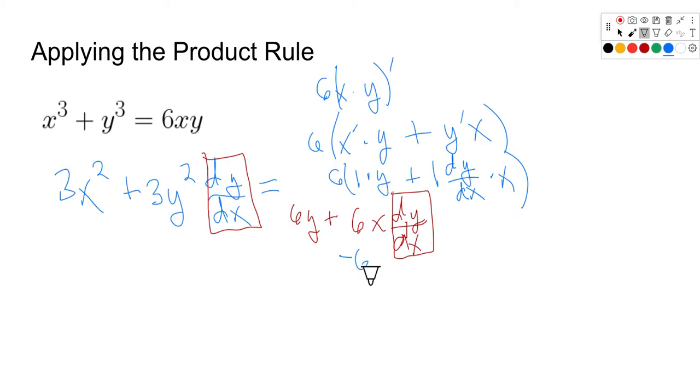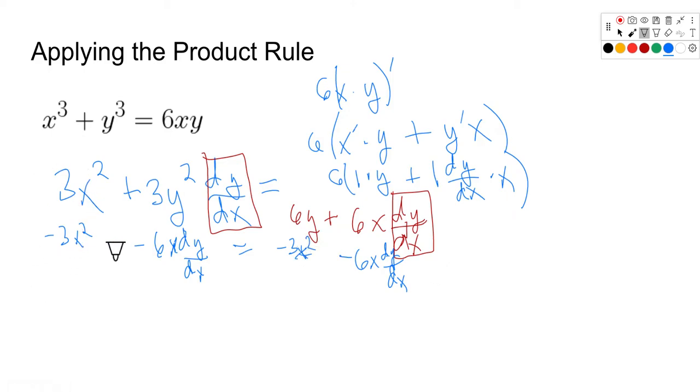So minus 6x dy/dx, and that's going to come over here. At the same time, I'm going to get this 6x squared over to the other side because it's in the way right now, really. Minus 3x squared, and we'll put it over here. Minus 3x squared.